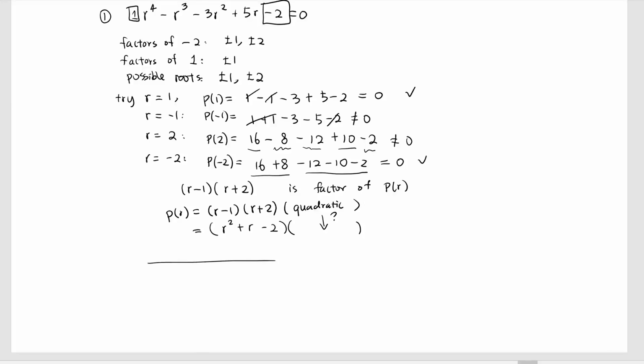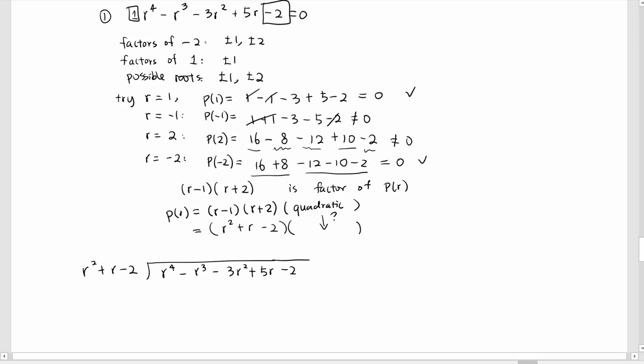So we use r to the 4 minus r cubed minus 3r squared plus 5r minus 2 divided by r squared plus r minus 2. Or if you want, you can use long division twice to divide by the linear factors, but I find this easier.